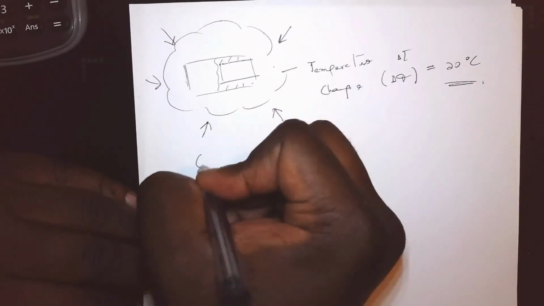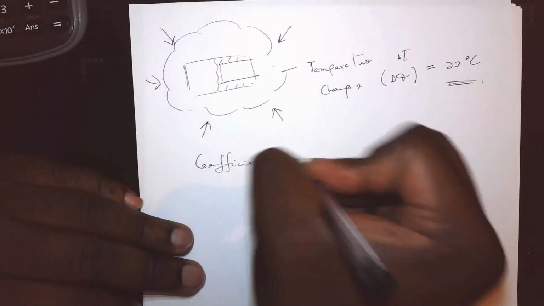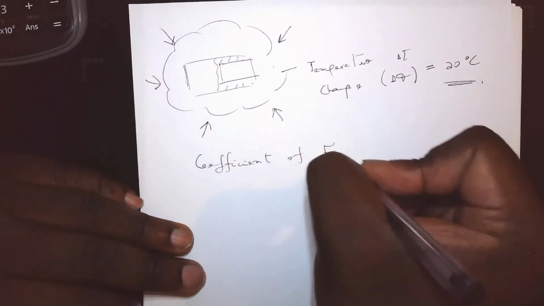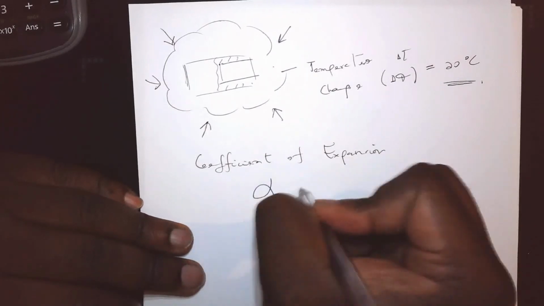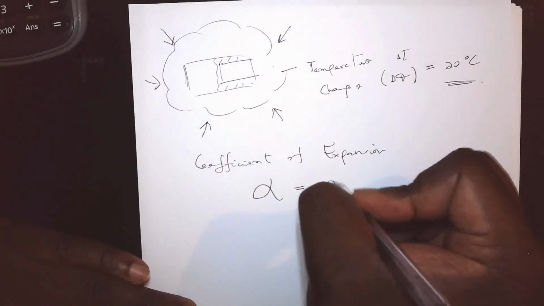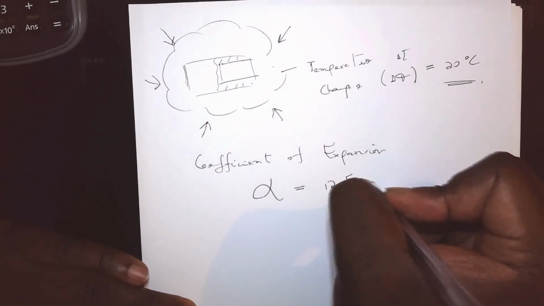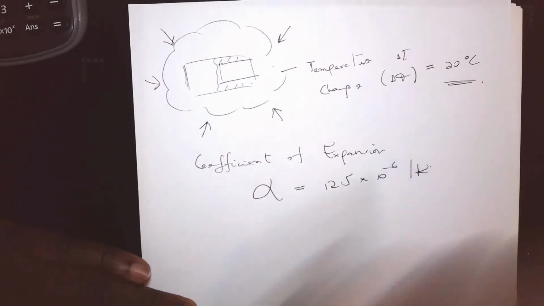The coefficient of expansion, in this case linear expansion, alpha, in the problem was given as 12.5 times 10 to the power minus 6 per Kelvin.